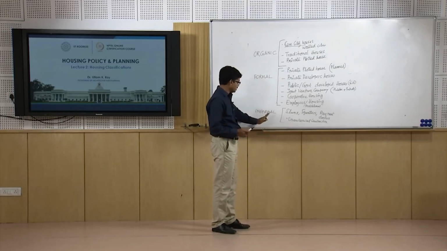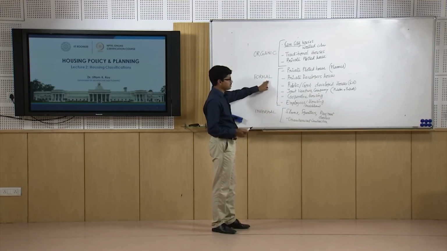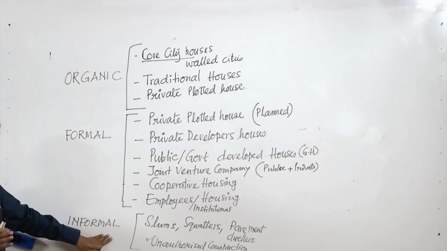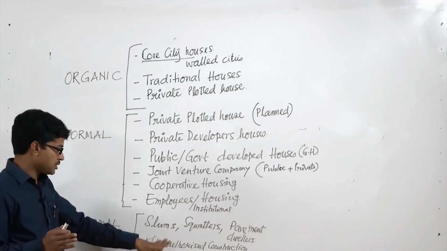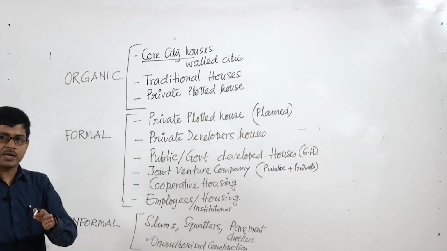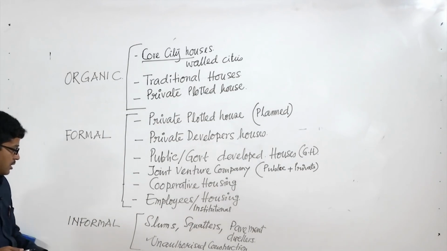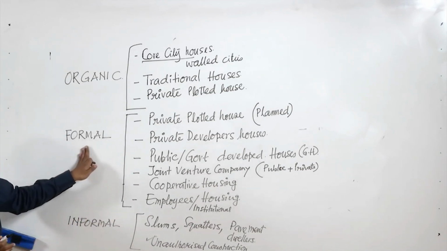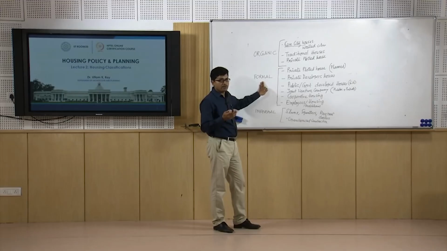The difference between informal houses and formal houses is that formal houses are built on formal land which is owned by the people or the community or the individual. Informal cases, except the unauthorized construction, are built on encroached land or public land. Another difference is that formal houses come through a formal process, sometimes through registration in the government department, registration in the private department.